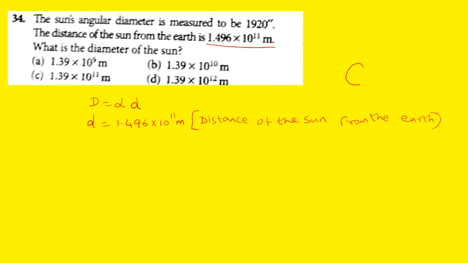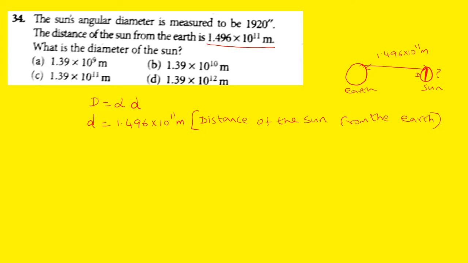So here is our earth, here is the sun, and this distance is 1.496 into 10 power 11 meter. Now what are they asking? They are asking what is the diameter of the sun? Like D equal to alpha D.